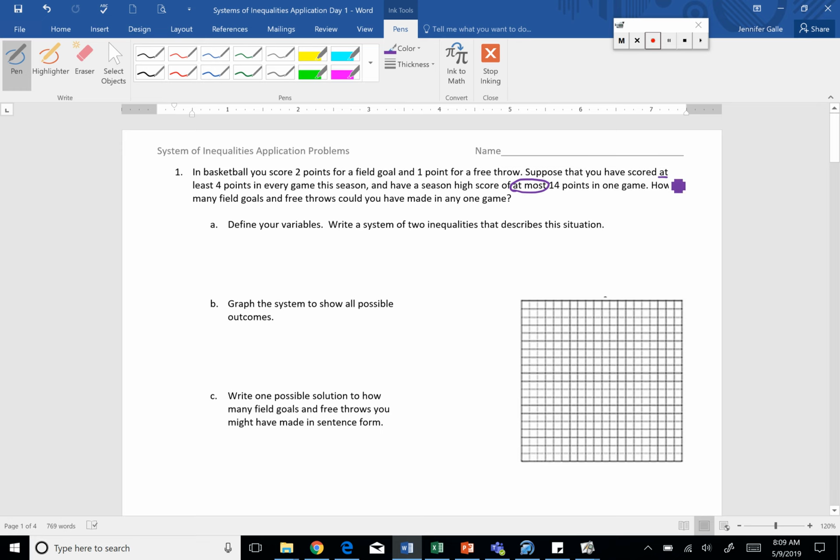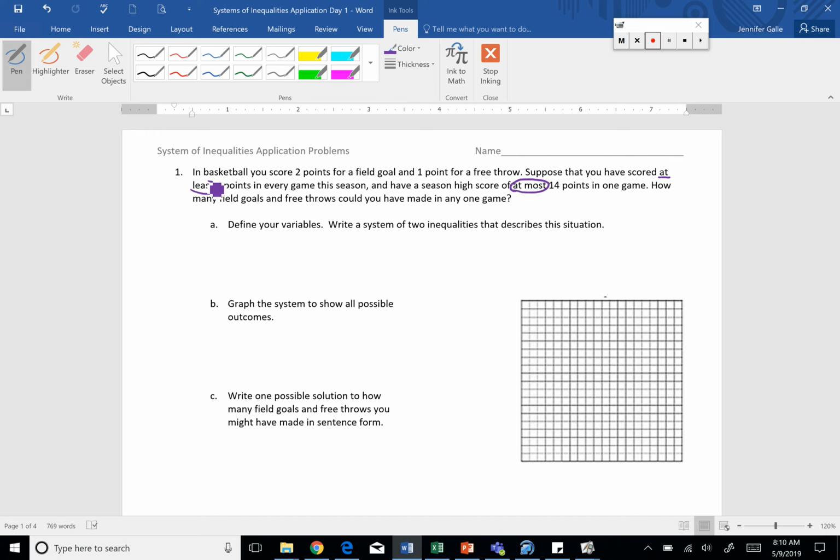At least. So at most and at least. Now if it said you scored exactly 4 points, then we're talking equations. And then also we're looking at how many field goals and free throws could you have made in any one game. So meaning that there's going to be a variety of possibilities for you for scoring those points.